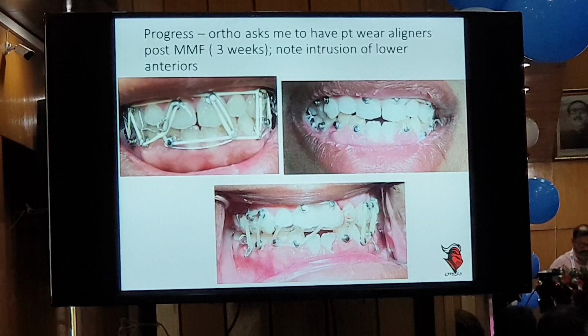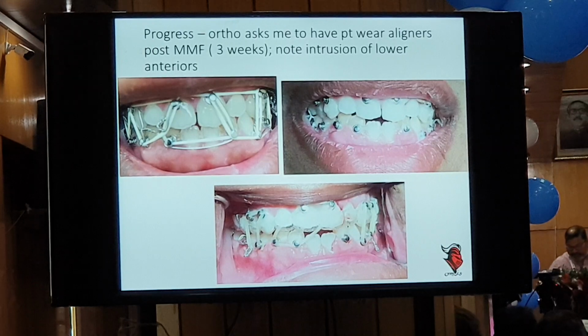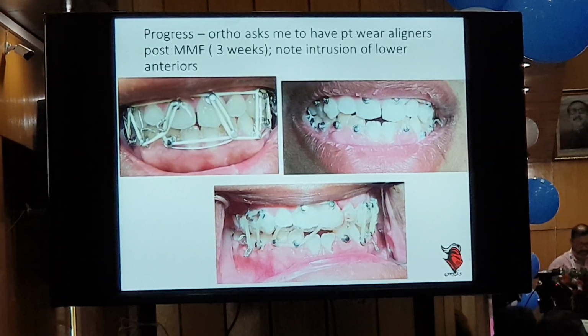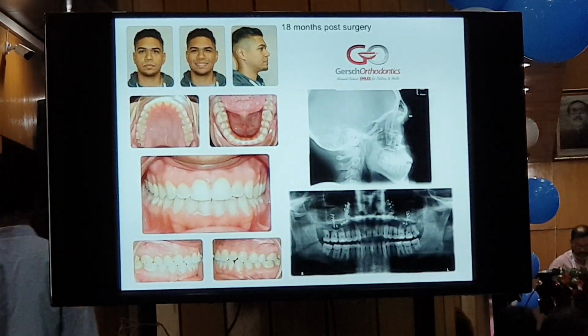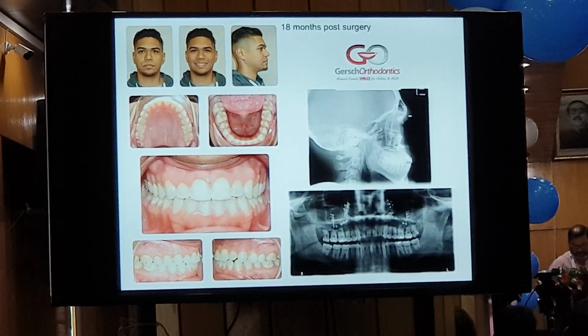The problem with that is you don't have an arch wire in, so the teeth were sort of going wherever they felt like going. So anteriorly, we had a little bit of intrusion of the anterior teeth, which, as a surgeon, I wasn't happy with. But eventually, the orthodontist was able to pull that in place. And this is him at the end of his treatment.